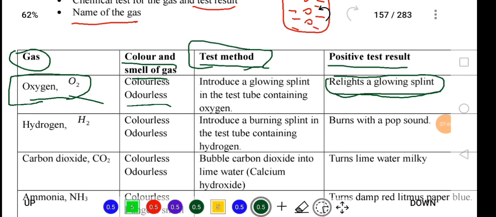By that observation, you are going to know that from the chemical reaction, oxygen gas is being given out. So take note of this test method. That is oxygen.